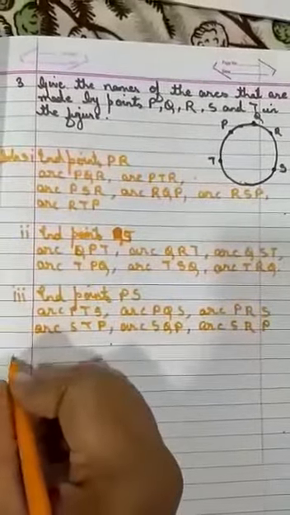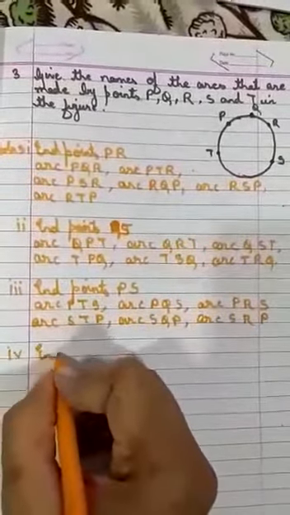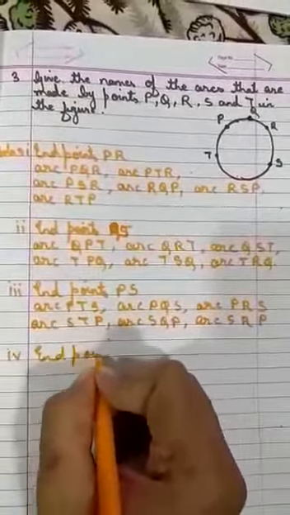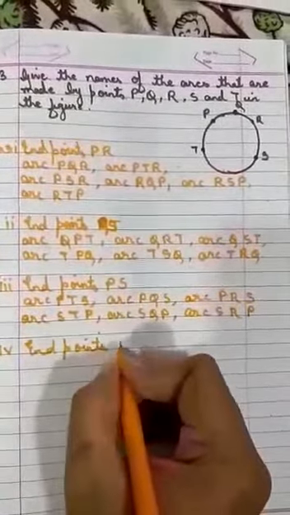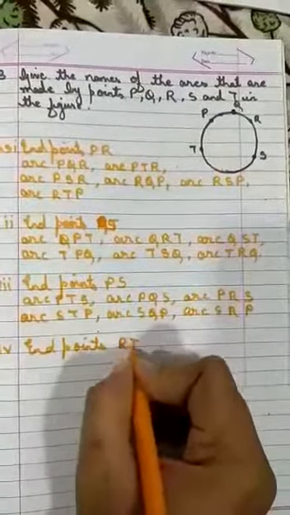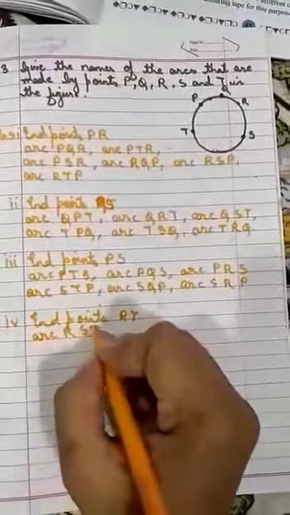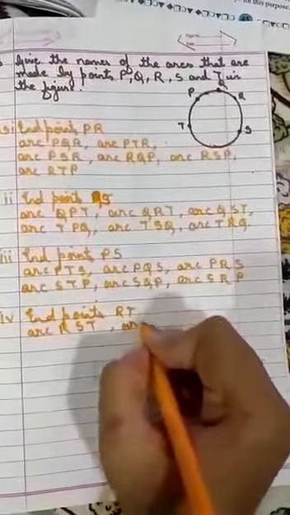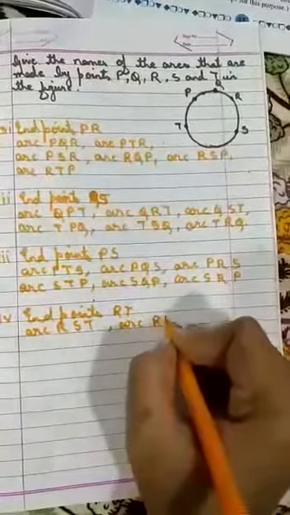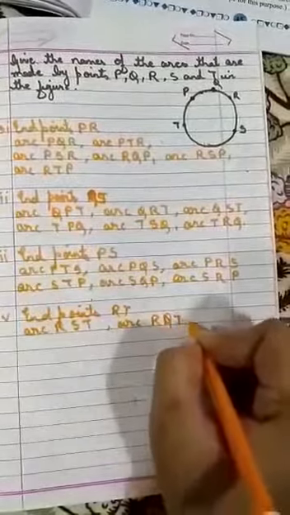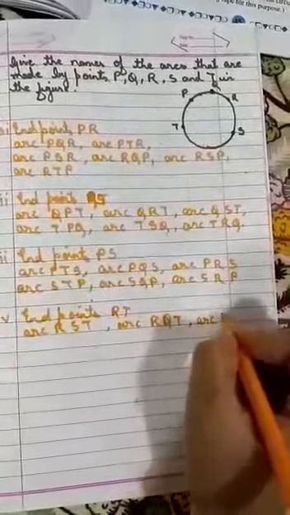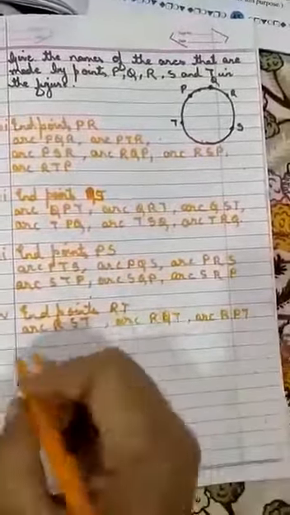Now we'll take the fourth endpoints, that is RT. So we'll take arc RST, arc RQT, arc RPT.